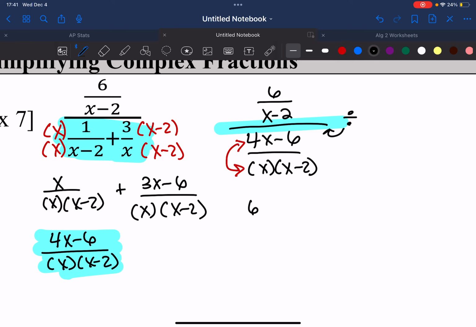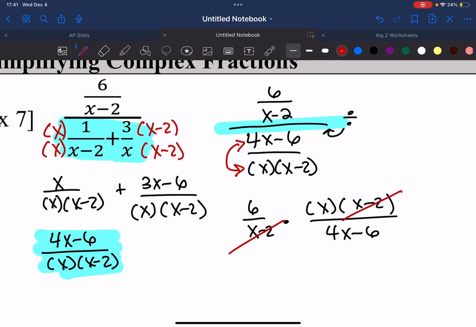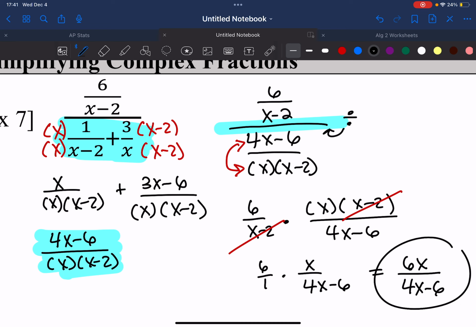So that means I have 6 over x minus 2 times x minus 2 over 4x minus 6. I can cancel x minus 2 on the diagonal, and I'm left with 6 over 1 times x over 4x minus 6, which equals 6x over 4x minus 6. That's my answer.